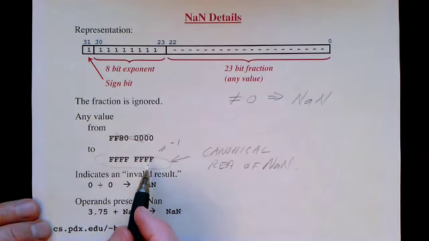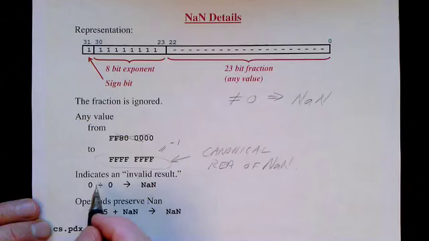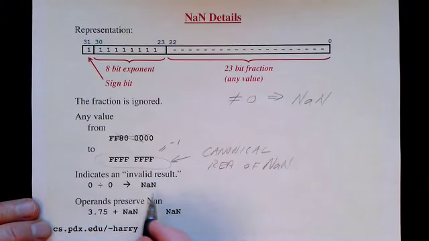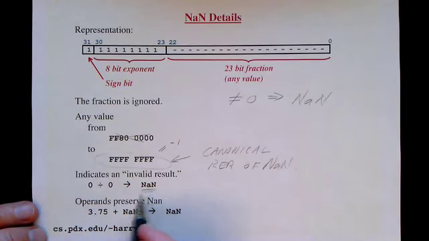So how does not a number arise and what's it good for? Well, there are certain operations. If you divide 1 by 0 you get positive infinity. If you divide -1 by 0 you get negative infinity. But what happens if you divide 0 by 0? Well, it doesn't make sense to be either positive or negative infinity. In fact, it's not a number. So if you perform this computation, the processor will compute a result that is represented with these bits. In other words, not a number.